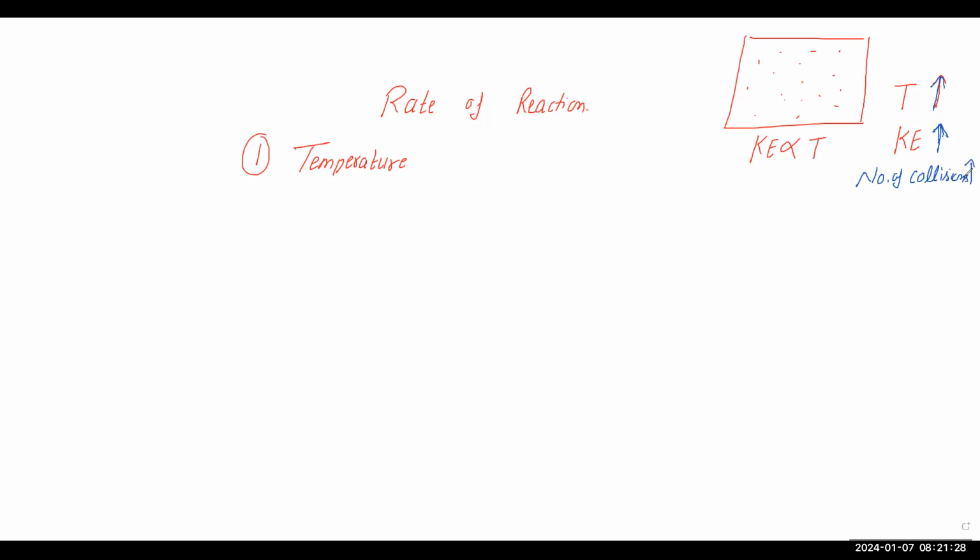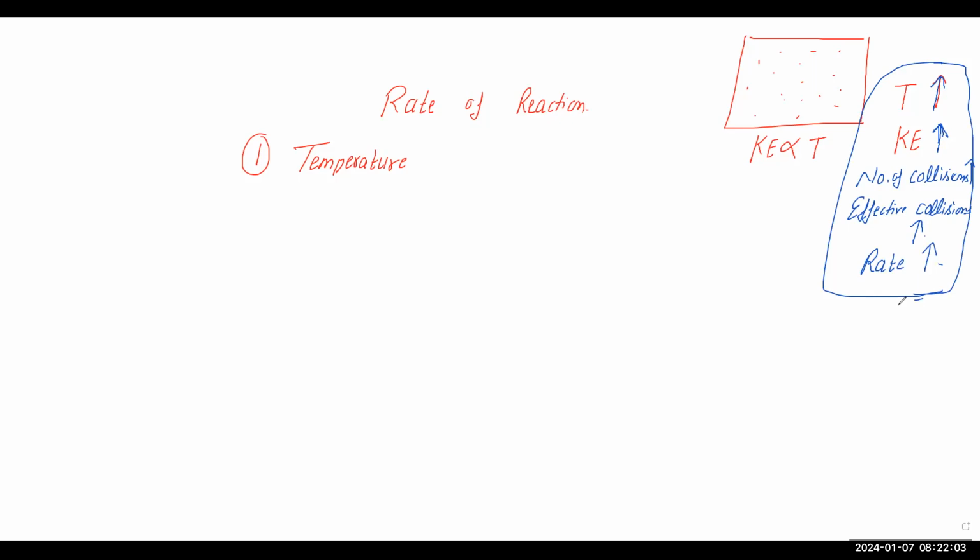Molecules are moving faster, so they are colliding more. As they are colliding more, there are more chances of effective collisions. Agreed? Effective collisions are the ones with proper orientation and sufficient energy. So the rate of the reaction increases. This is the effect of the temperature.